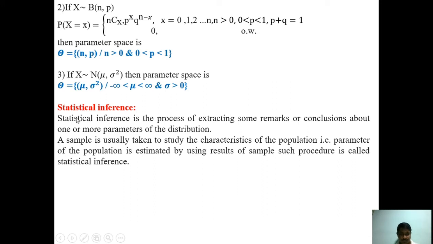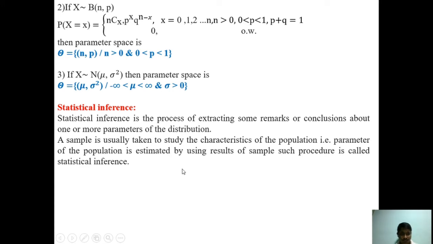A sample is usually taken to study the characteristics of the population, that is, the parameter of the population is estimated by using results of the sample. Such a procedure is called statistical inference.